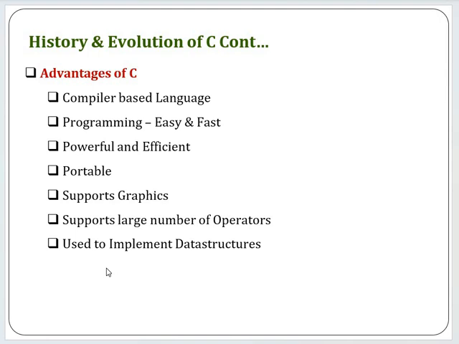While it is not the primary strength of C, it can be used for graphics programming with libraries like OpenGL. Then a rich operator set. That is, C supports a wide range of operators, providing flexibility and expressiveness. And it has data structure implementation. C is well suited for implementing complex data structures due to its memory management capabilities. So overall, C is a versatile language which offers a balance of performance, efficiency, and control, making it a valuable tool for programmers in various fields.